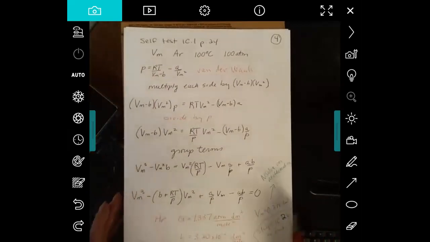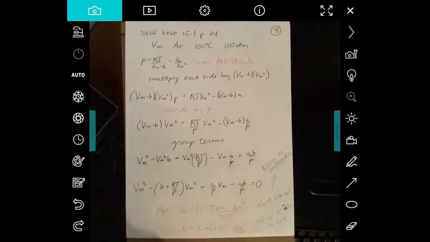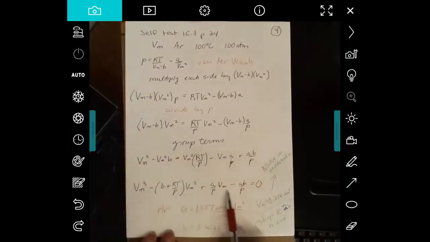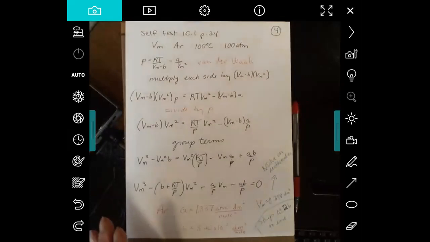So you can stop if you want and just go through this derivation, if I'm going too fast for you. So once you have expanded everything, take everything to one side, you end up with a cubic. And this cubic can't be solved very easily analytically, only some cubics can. So you're going to use an n-solve on Mathematica.